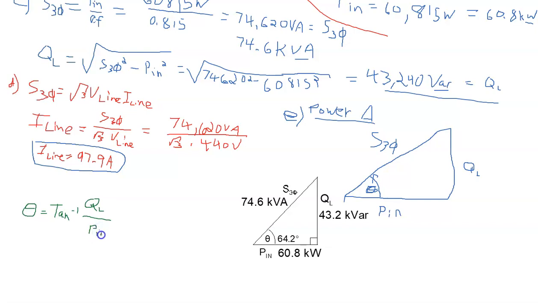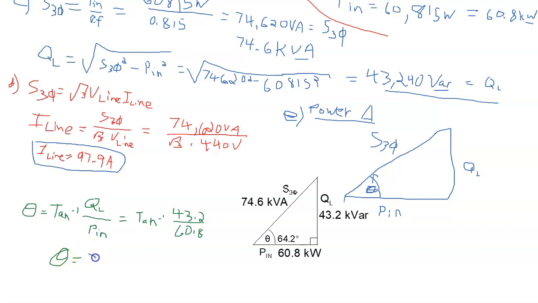And it doesn't matter if you're applying that to an impedance triangle or a phasor diagram, tangent is always the vertical component over the horizontal component. And so the inverse tangent of 43.2 divided by 60.8. And of course, we could use the 43,240 over the 60,815. It's not going to make much of a difference to our calculation there.